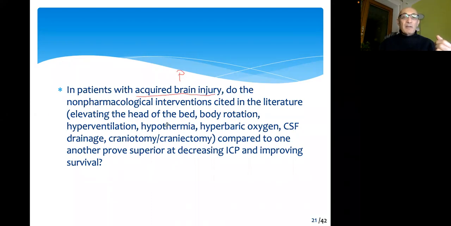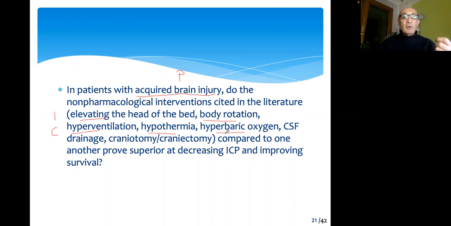What is the intervention and comparison? We are comparing all these within this bracket to one another. So intervention and comparison are all these one by one. Each of them you may call an intervention or a comparison.